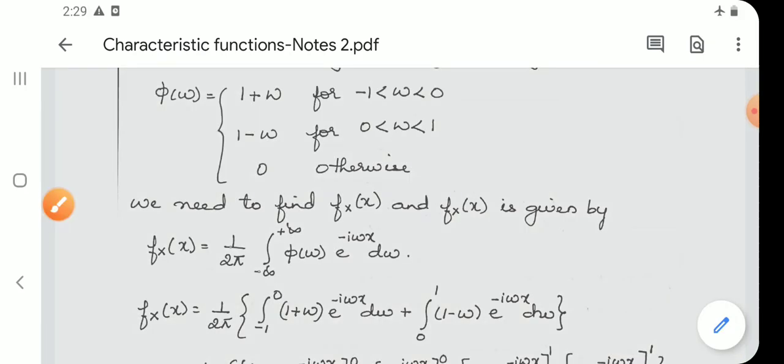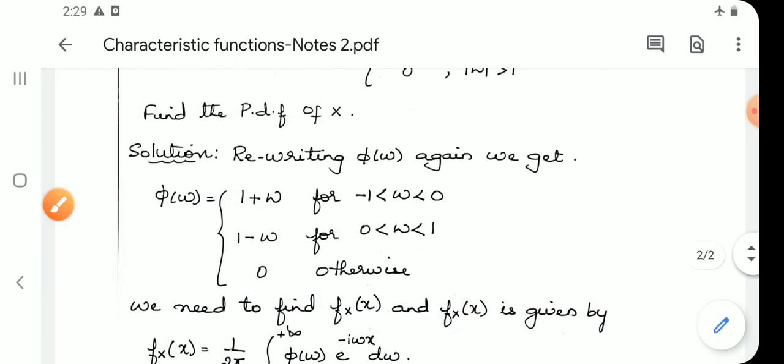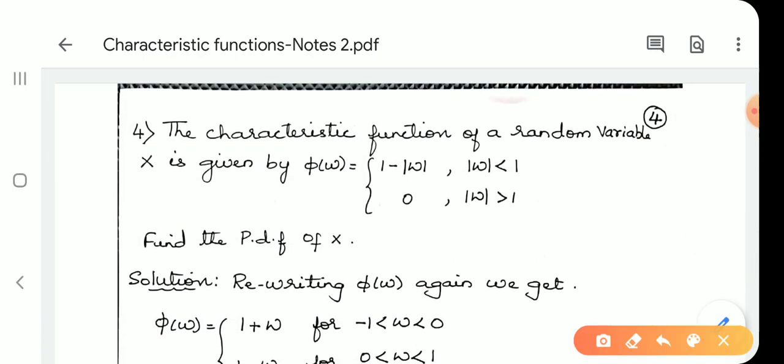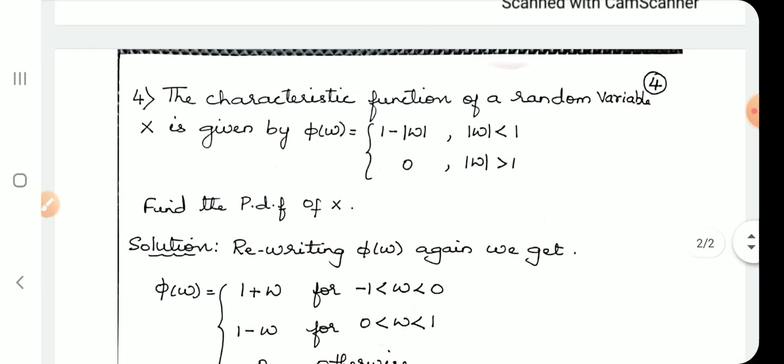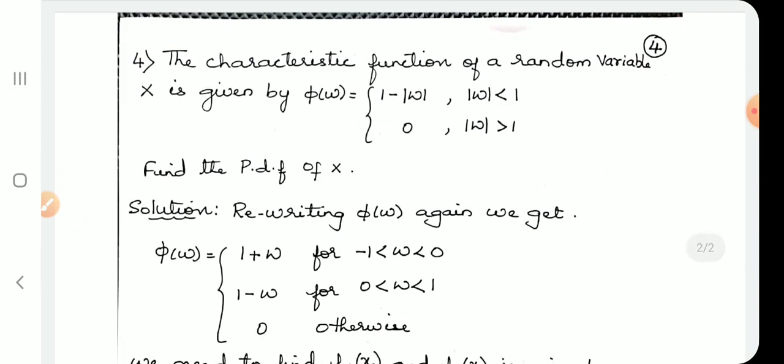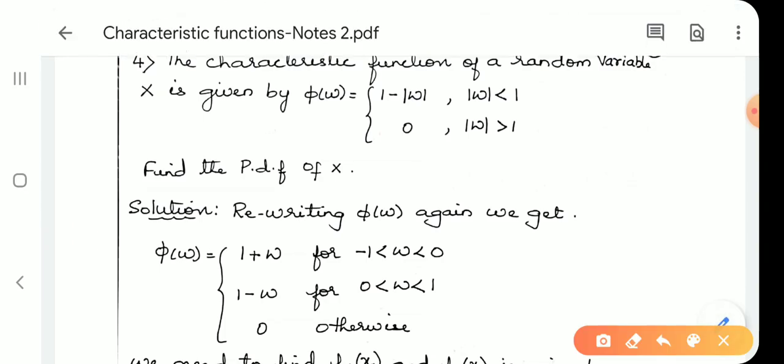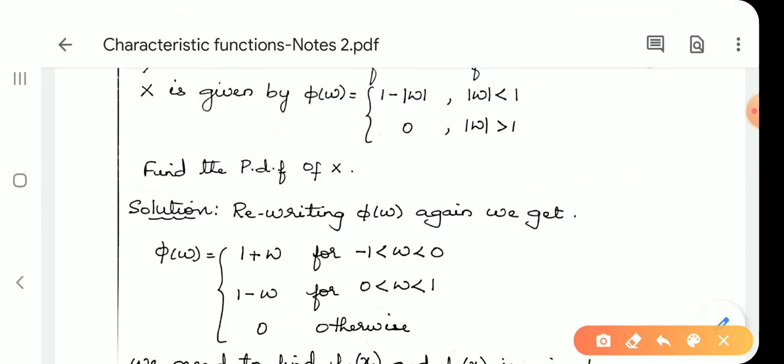So now, to solve the problem, first we will rewrite this omega. Mod of omega becomes minus omega between minus 1 to 0, and mod of omega becomes plus omega when it lies between 0 to 1. On rewriting this, we get phi of omega is equal to 1 plus omega for minus 1 less than omega less than 0.